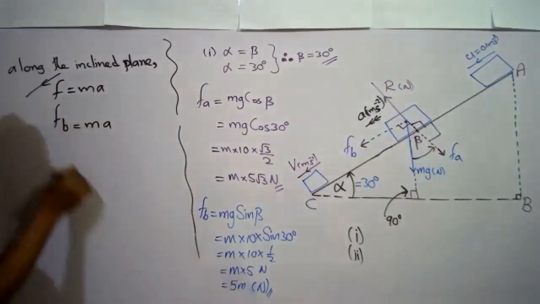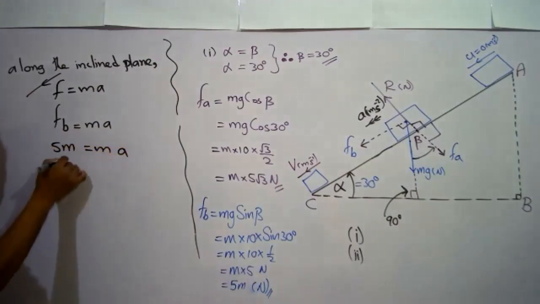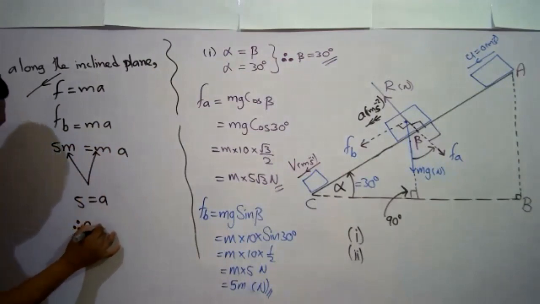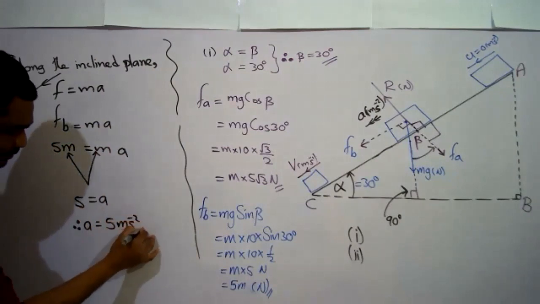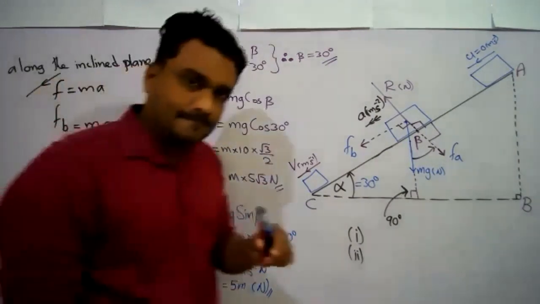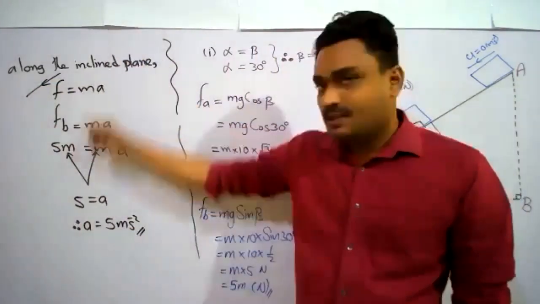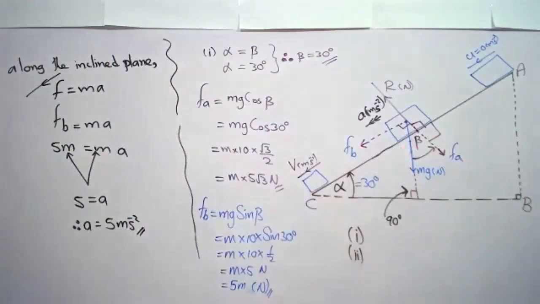We have found FB as 5 times m, so 5m equals ma. This m and this m cancel out. So 5 equals a, but normally we should write that a equals 5. The unit is meters per second squared, so a equals 5 meters per second squared. Complete here. And who got this answer without my help?